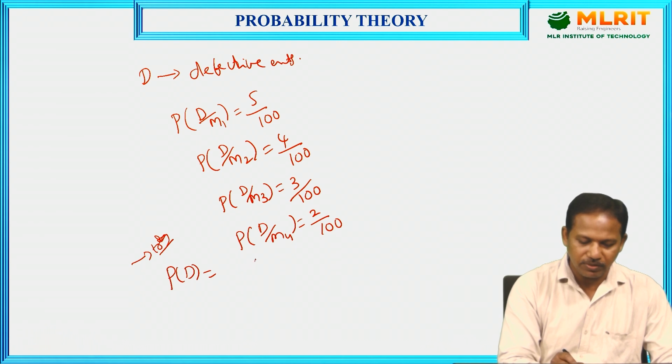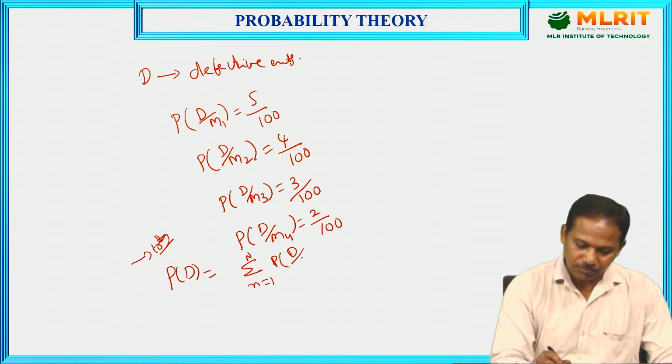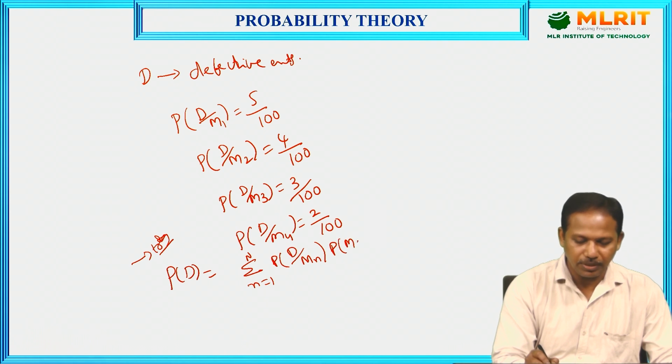That is equal to the summation of n equal to 1 to n of P of D by Mn into P of Mn.